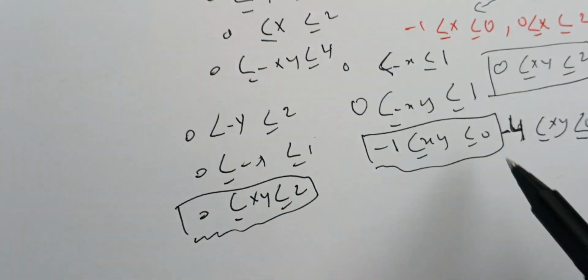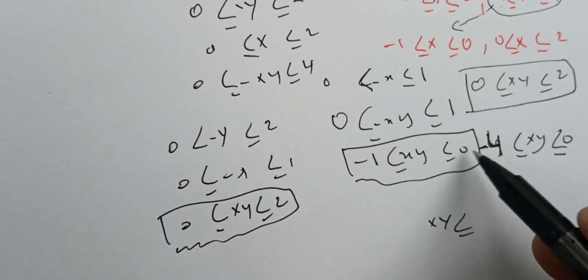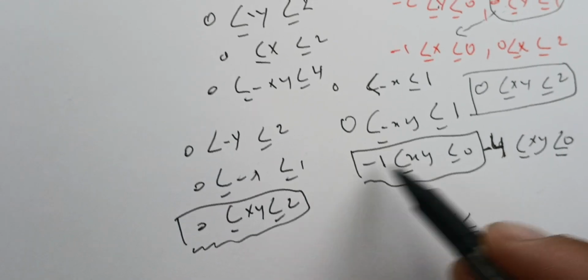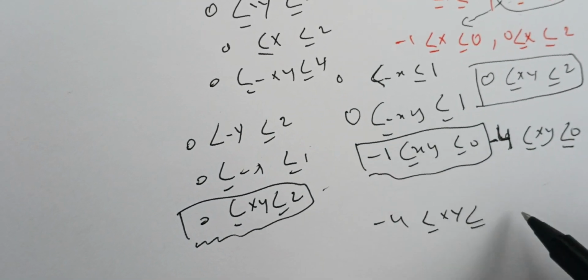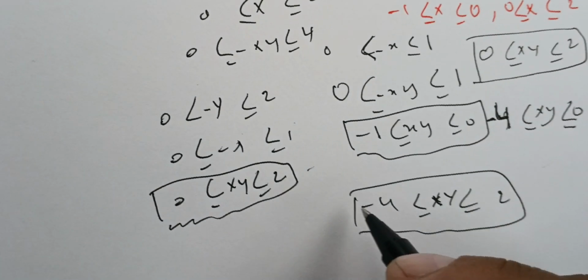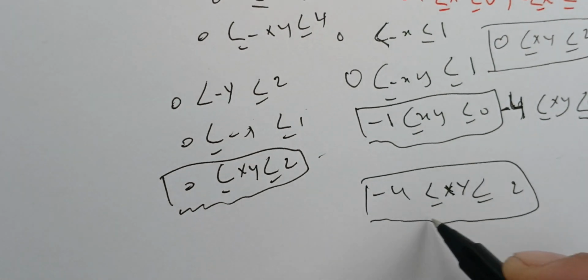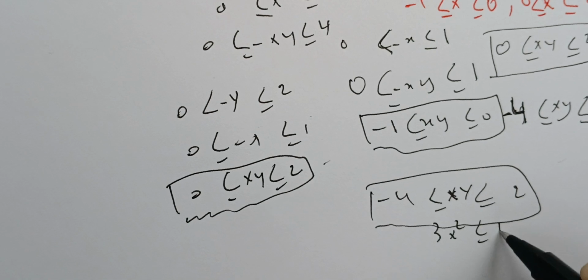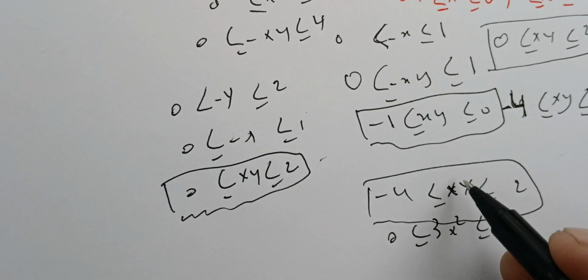Okay, so in all cases we have xy is between minus 4 and 2. And given that 3x squared is between 0 and 12, but we want a minus xy.